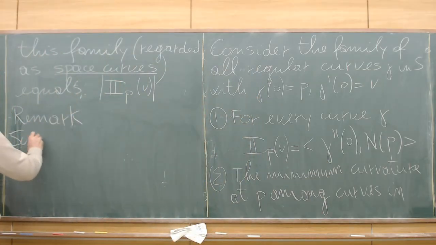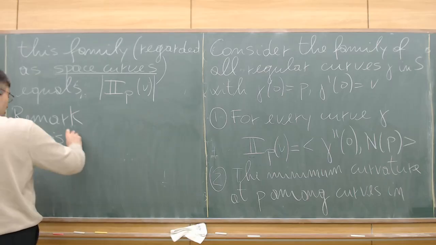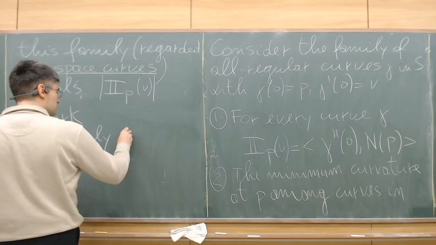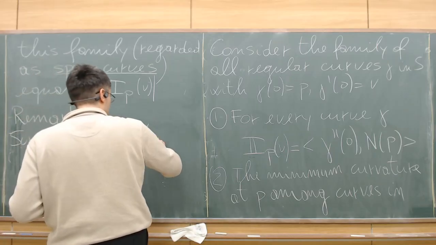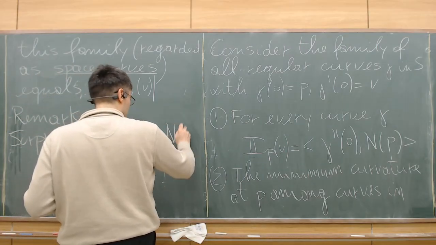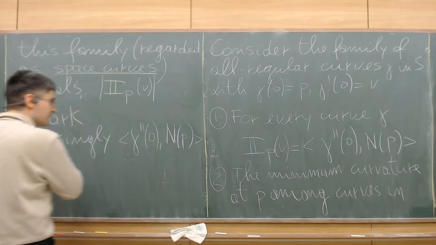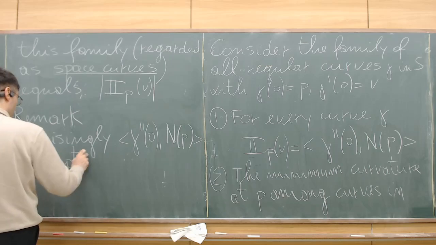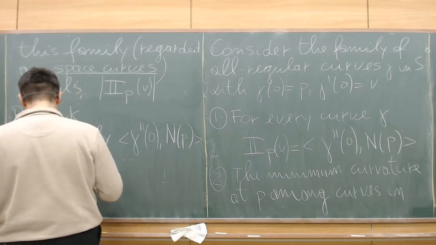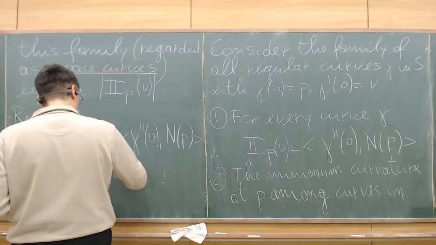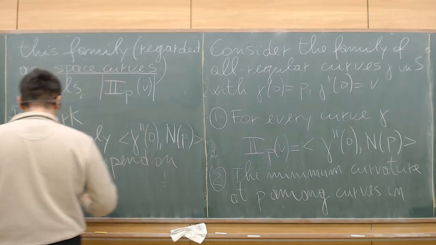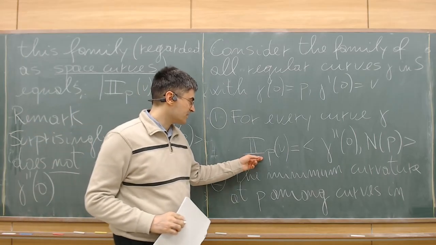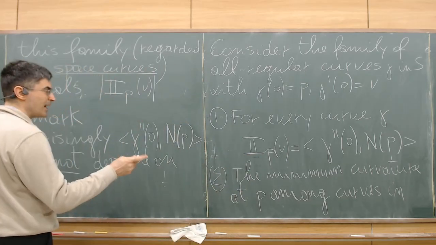So the remark is the following. Surprisingly, the product of gamma second(0) and n(P) does not depend on gamma second(0). Why? Because the left hand side depends only on gamma prime(0).